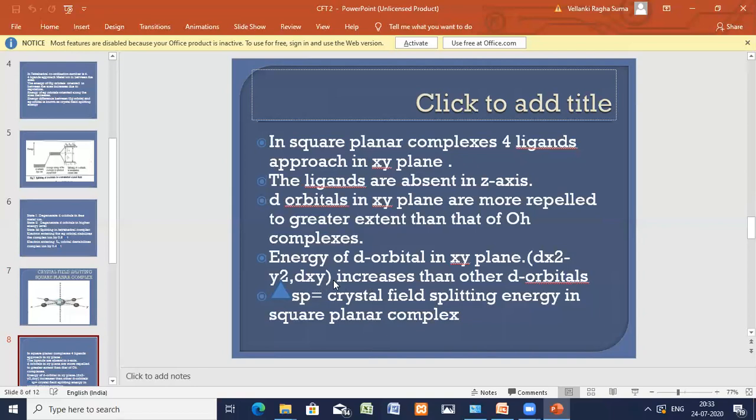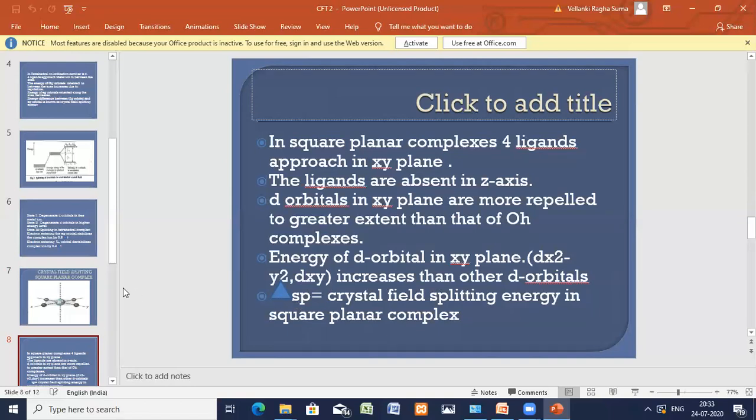So one orbital of the EG set and one orbital of the T2G set are experiencing more repulsion and their energy is increased. Okay, so delta SP is nothing but the crystal field splitting energy in the square planar complexes.